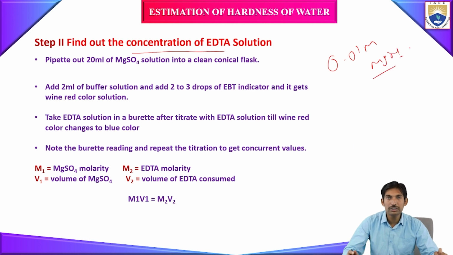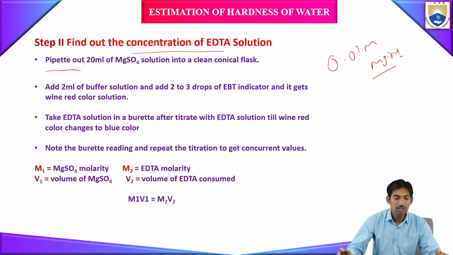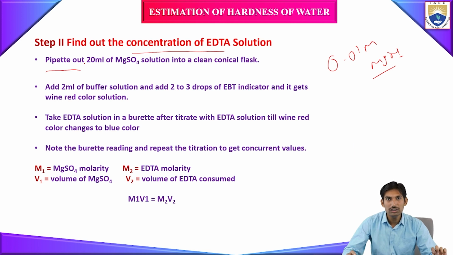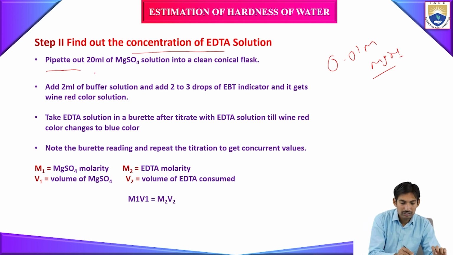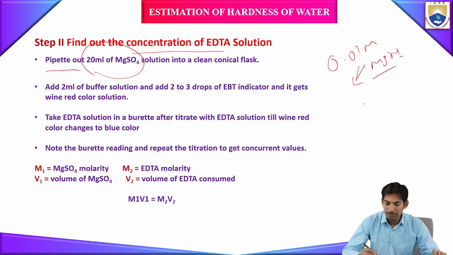By using this, I want to calculate the concentration of secondary standard EDTA solution. For that, pipette out 20 ml of magnesium sulfate solution into a clean conical flask. From this 0.01 molar magnesium sulfate, you have to pipette out 20 ml into the conical flask.